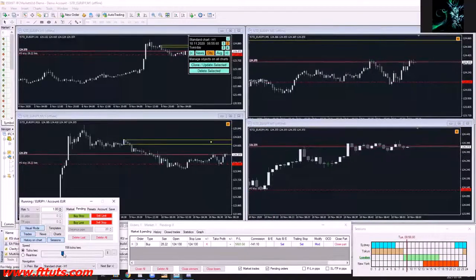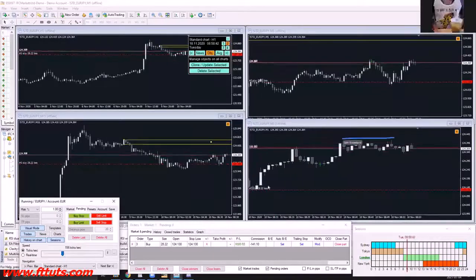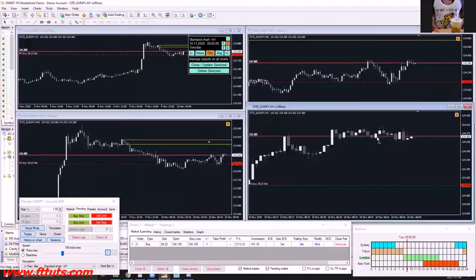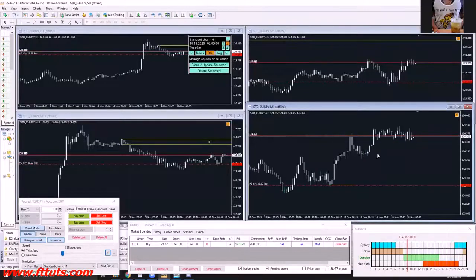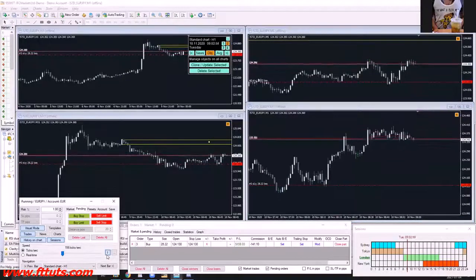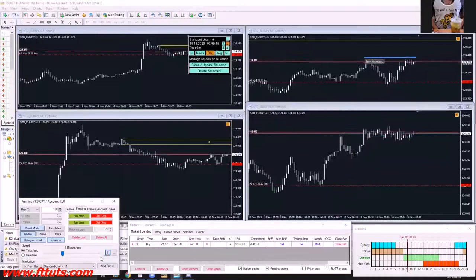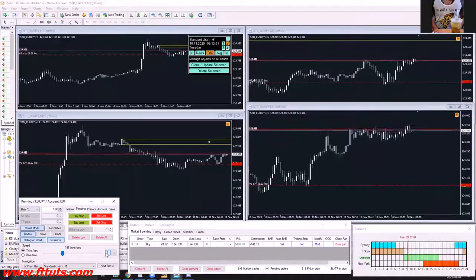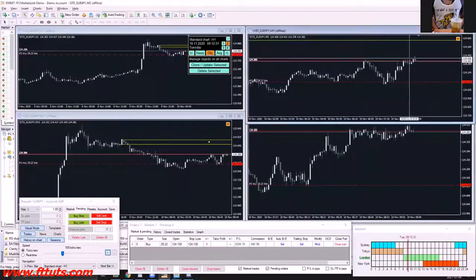Equal highs again here. I'll zoom out a little bit on the minute. I like how there's equal highs being formed to get taken out here.